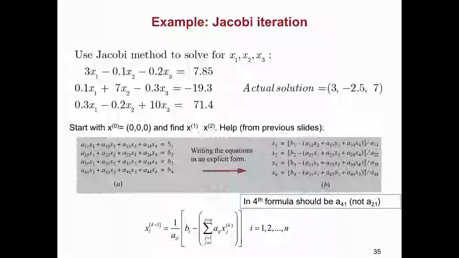Or you can just look at that system and rewrite it in a similar manner as this one. So 3x1 is 7.85 plus 0.1x2 plus 0.2x3, and then divide by 3, right? And that's your x1 equals to something. And then do the same with the x2 part.